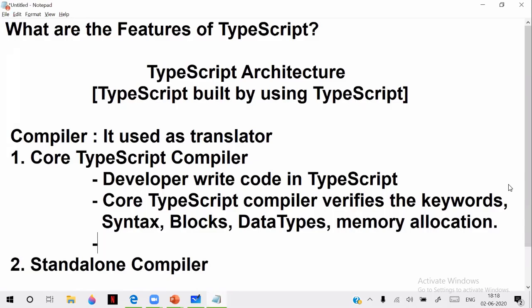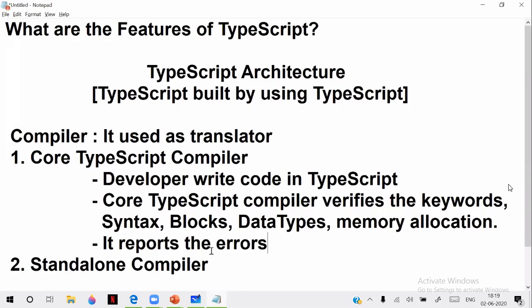After verifying, it reports the errors if there are problems in the keywords, syntaxes, blocks you have written, or the data types you have defined.